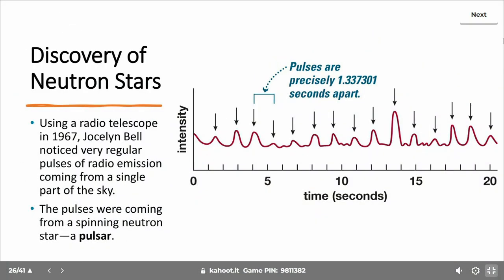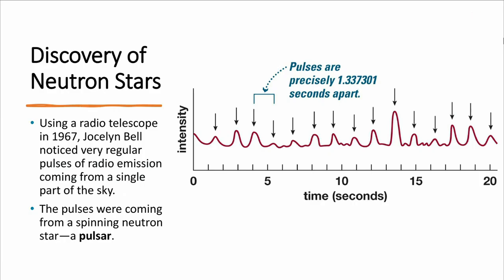So how can we discover these things? They're a ball of neutrons, so they're not going to be doing fusion reactions, and they're very small, but there's a lot of energy associated with them. In the 60s, Jocelyn Bell was looking at radio data, and she saw a radio source that would pulse at very regular intervals.